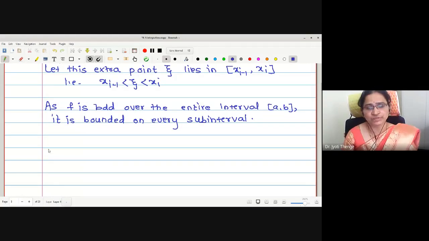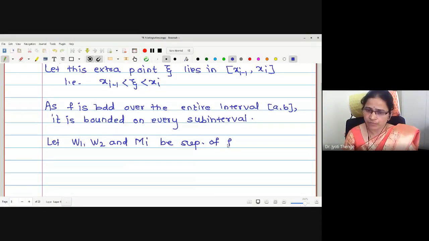Now, as we are proving the first result for upper sum, we will just deal with the supremum values. Therefore, here we will write: let w1, w2, and w capital M be the supremum of f in intervals.